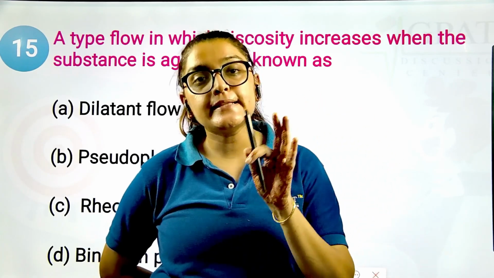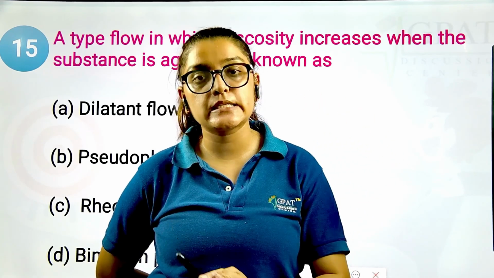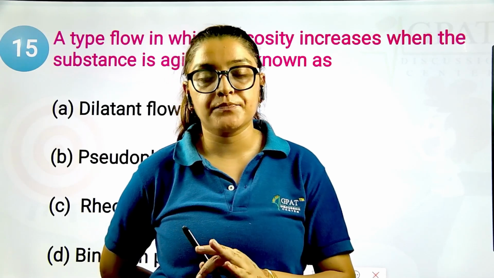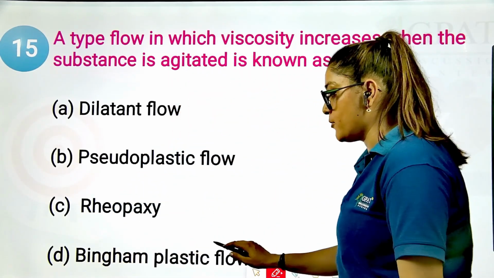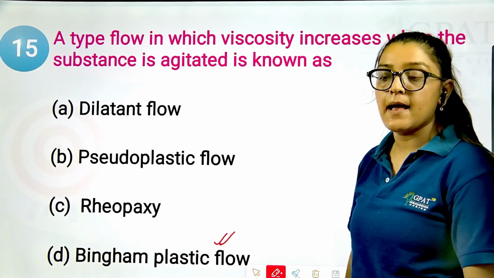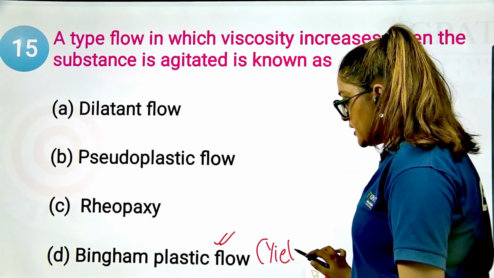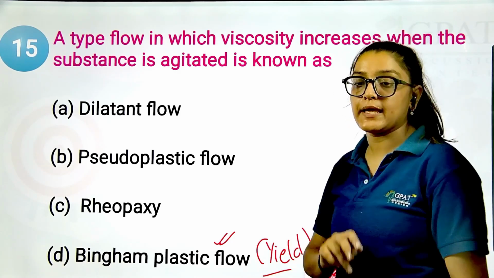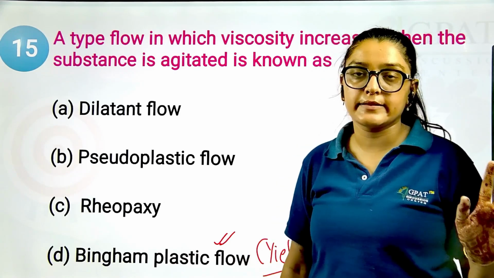In the time independent system, we have plastic, dilatant, and pseudoplastic systems. Plastic systems are known as Bingham bodies, which require a certain yield value before they can start their rheological property. The others do not require this yield value.